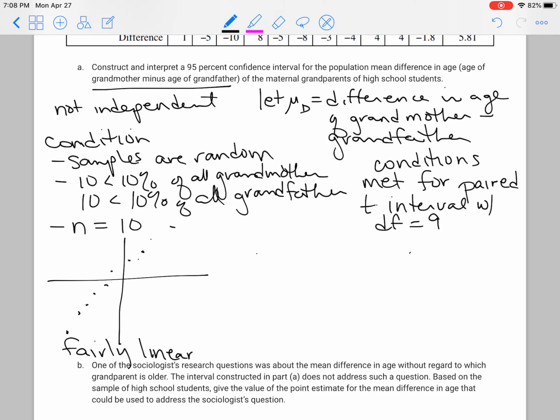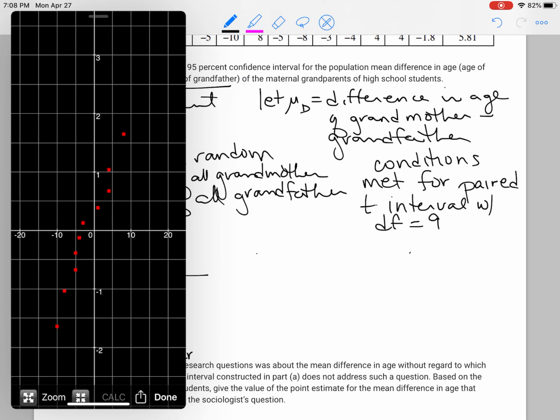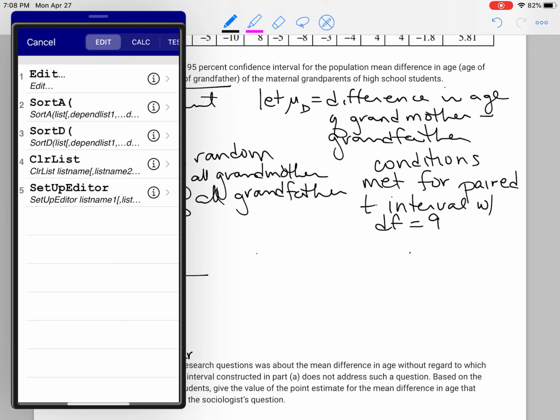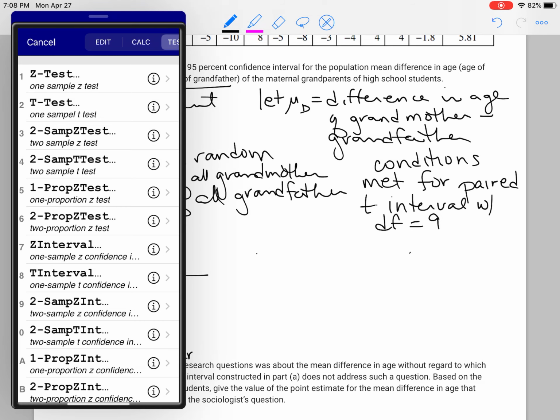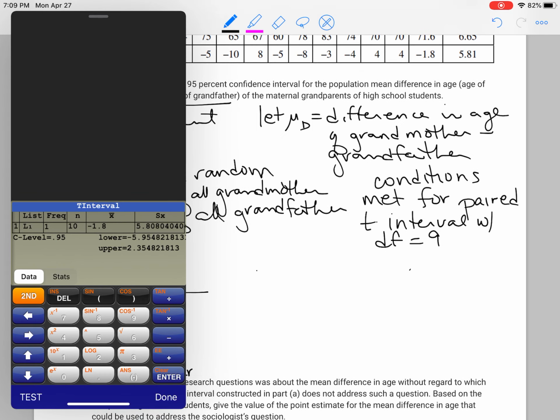Remember, the degrees of freedom is your sample size minus 1. All right, so let's pull our calculator back out. Let's go to Stat, Test, and we want the t interval. We have the data already in our calculator in list 1, and we want a 95% confidence interval, so that's already there.